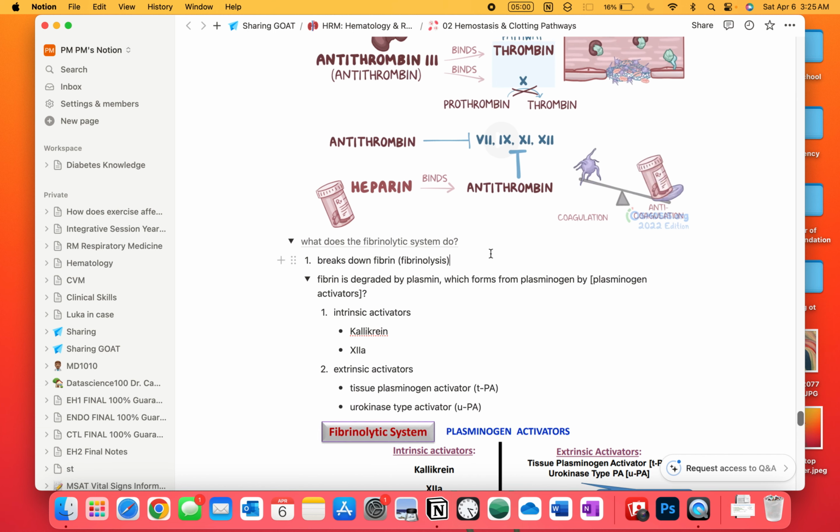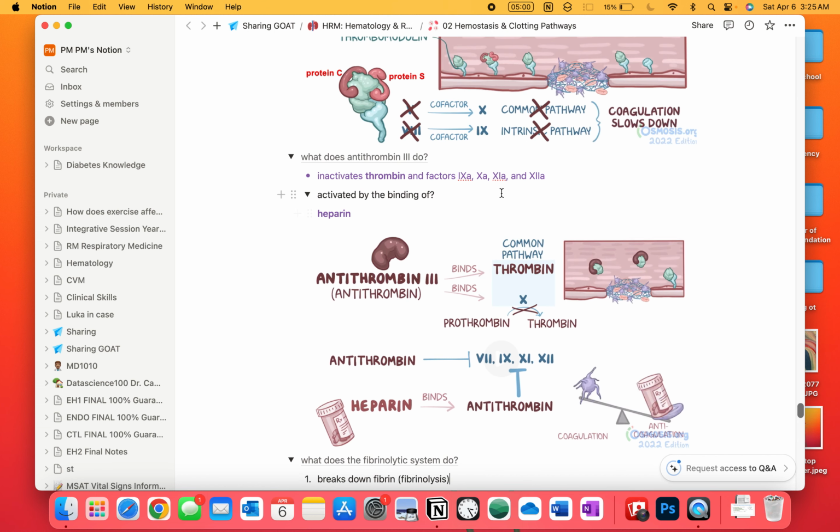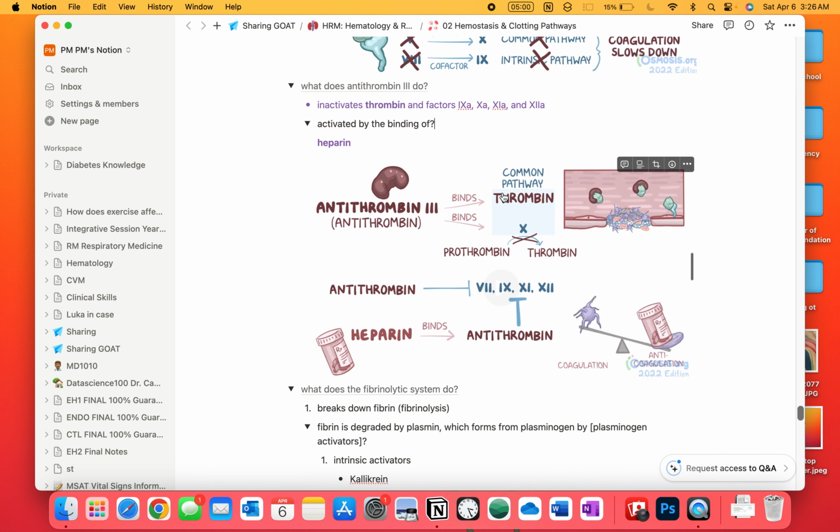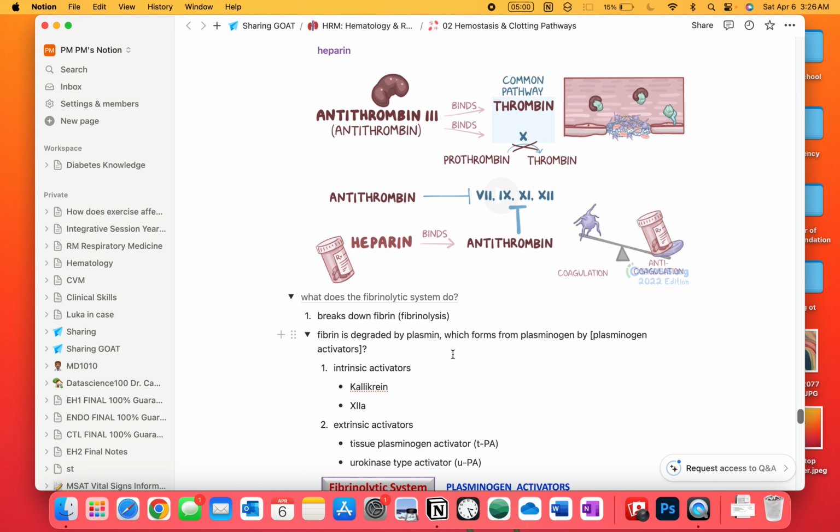So heparin leads to antithrombin inhibiting basically a whole lot of the intrinsic and common pathway, and it would be decreasing the chance that you're going to have that insoluble clot form.